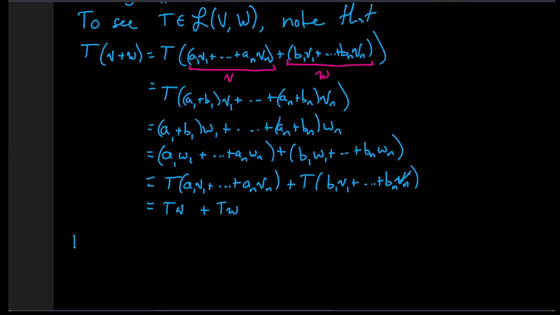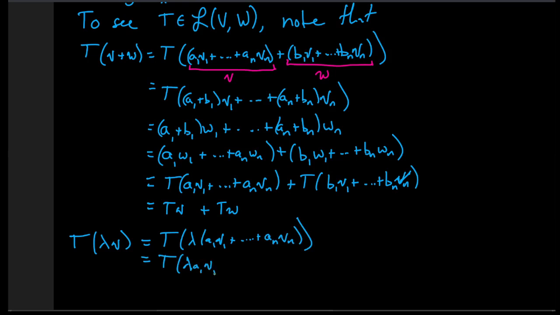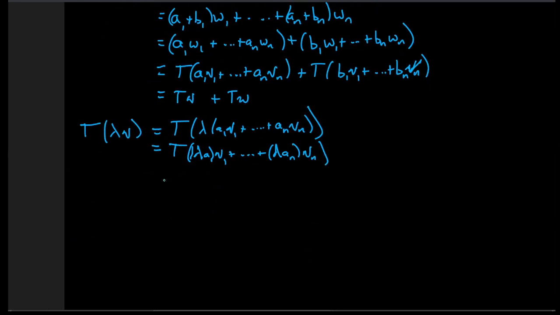Likewise, we have T of lambda V. Well, this is just T of lambda A1 V1 plus dot dot dot all the way down to AN VN, which is just T of lambda A1 V1 plus all the way down to lambda AN VN. Okay.